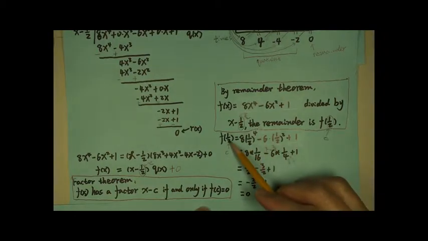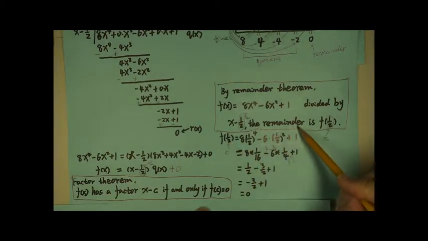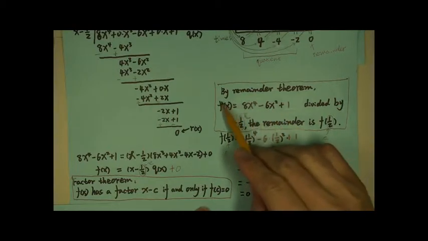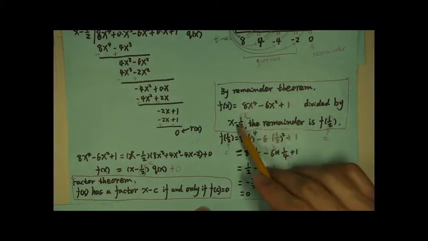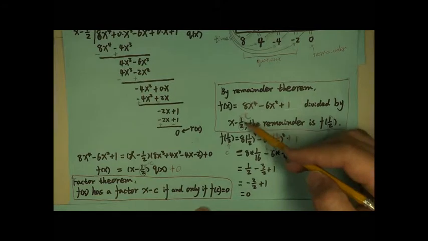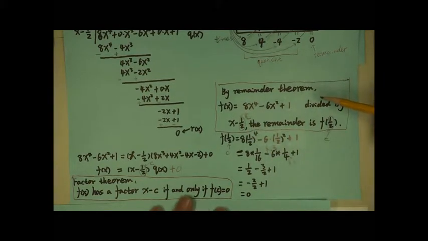What is f of 1/2? The remainder. Yeah, f of 1/2 is the remainder. That's what the remainder theorem says. Remainder of what? Remainder of f of x, this one, divided by x minus c, which is x minus 1/2.